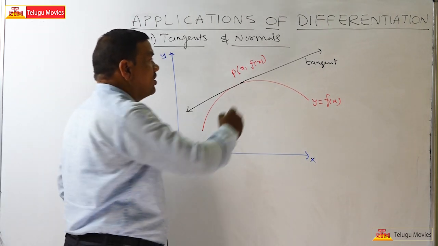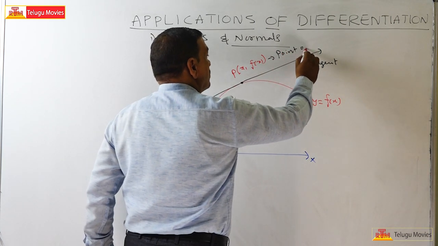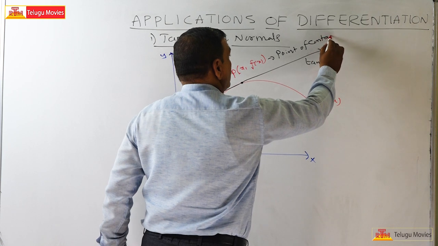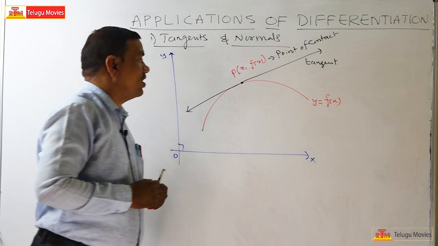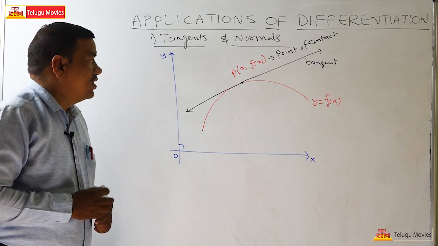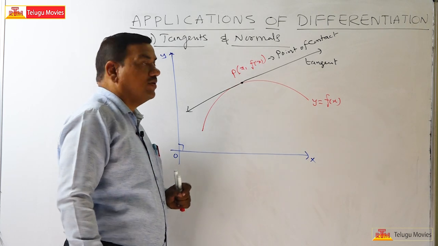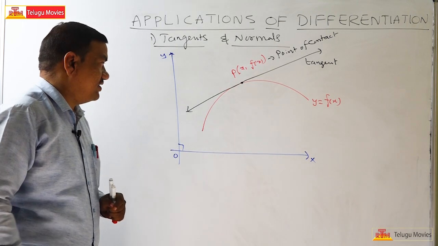A tangent is a line which touches the curve at one and only one point.